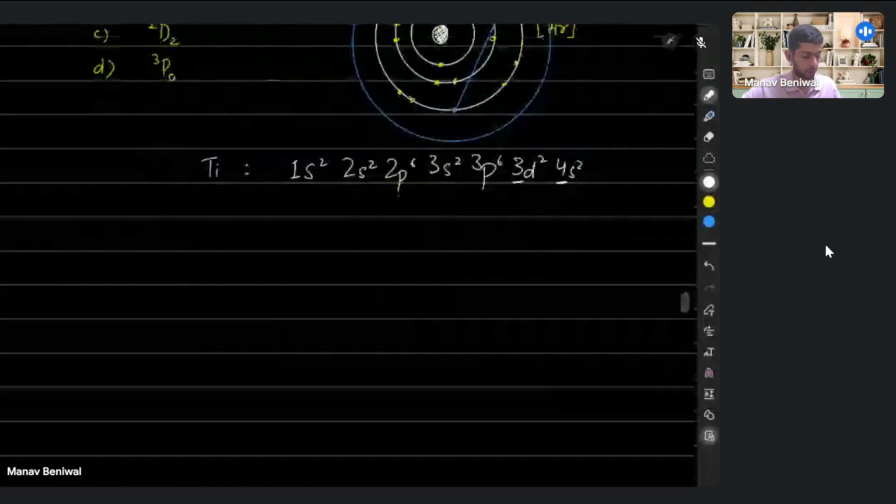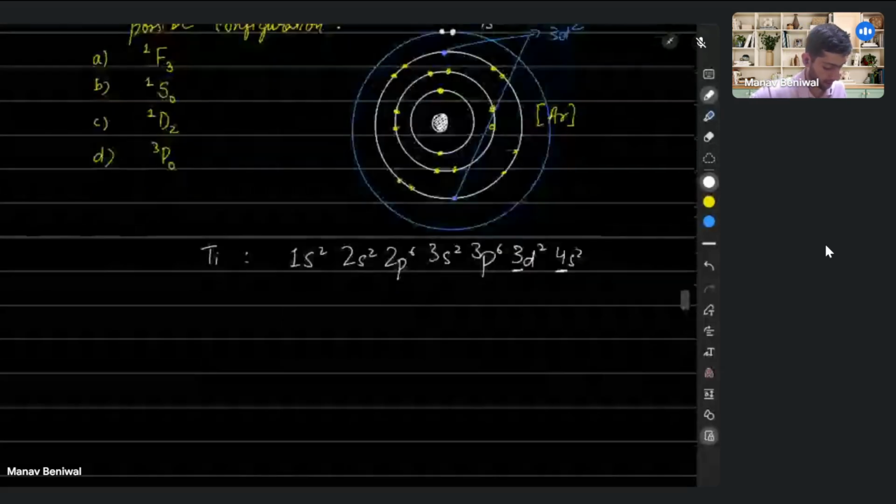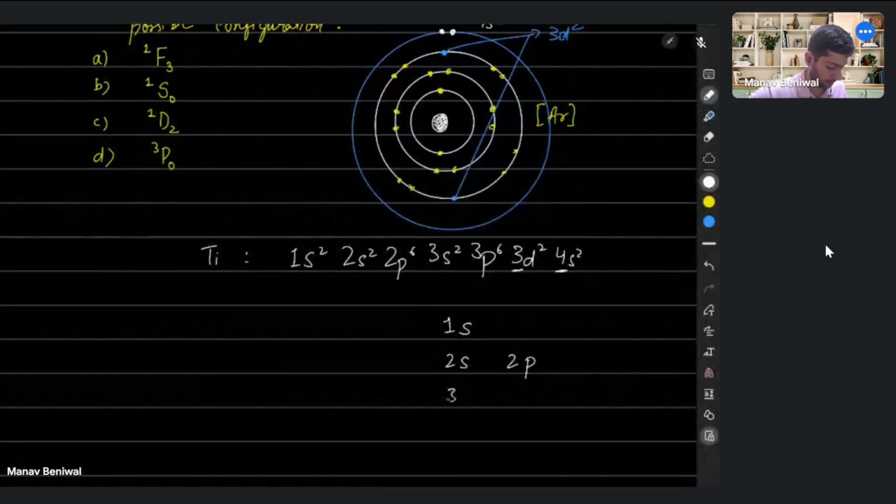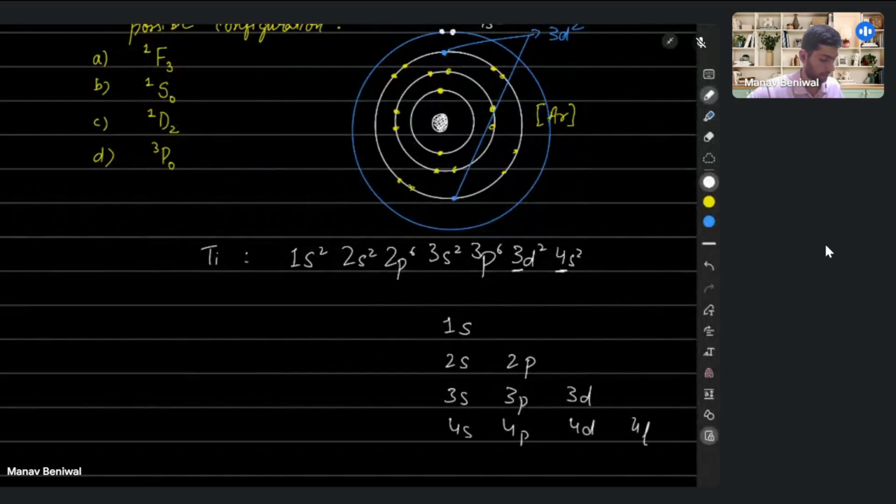One way to realize this is we can write 1s, 2s, 2p, 3s, 3p, 3d, 4s, 4p, 4d, 4f, and then make arrows like this. This is how we fill them. You can see that after filling 3p, we fill 4s first, and then we fill 3d. Therefore, it will have an electronic configuration like this.